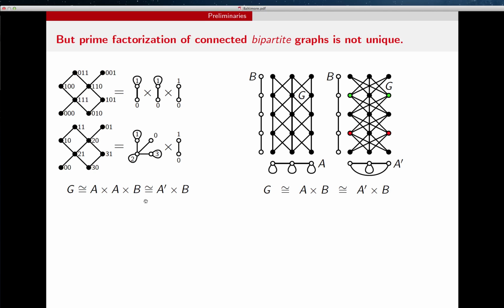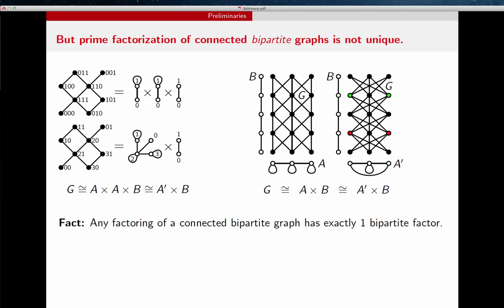Each prime factorization of a connected bipartite graph has exactly one bipartite factor. That certainly happened in A times B and A prime times B. B is the bipartite factor. On the left, in these two prime factorizations, K2 is the bipartite prime factor in those factorizations.